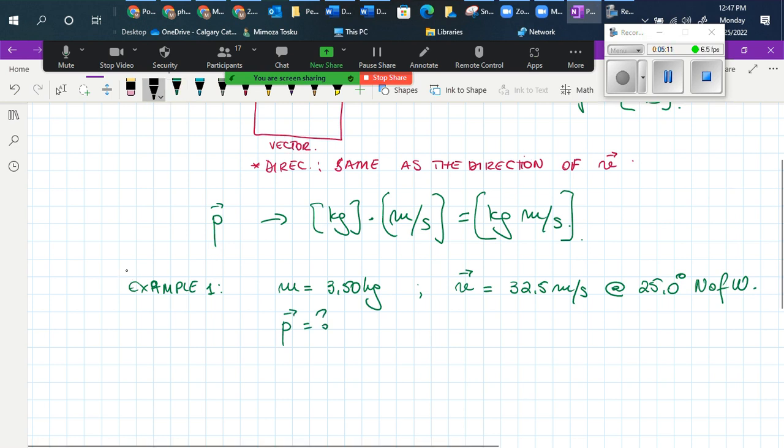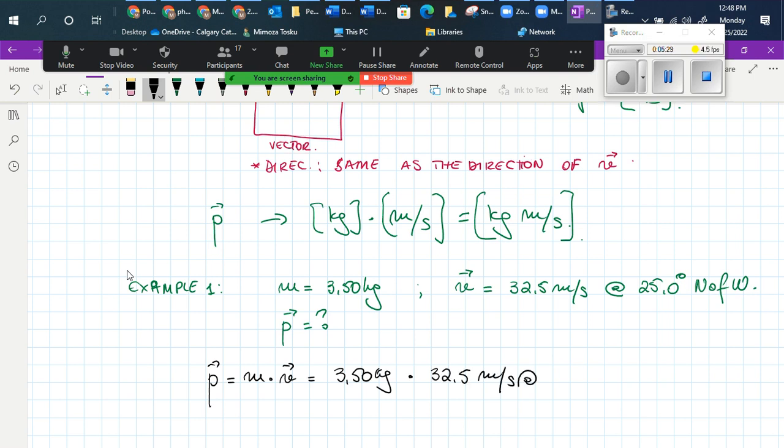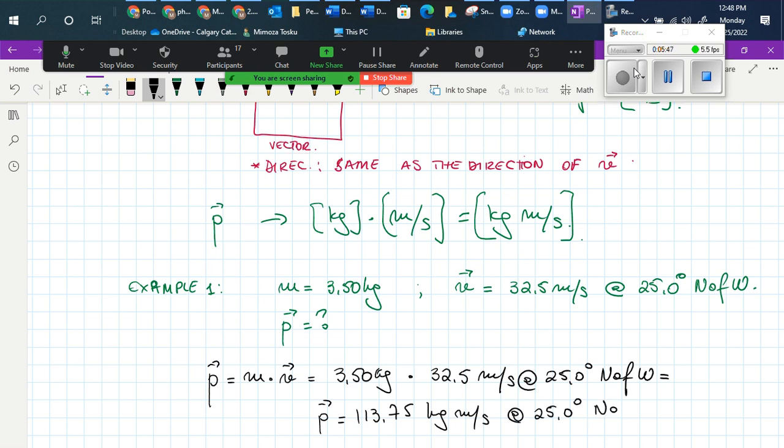Now, based on the fact that momentum is the product of mass and velocity, we can say that the momentum of this object with mass 3.50 kilograms and a velocity of 32.5 meters per second at 25 degrees north of west will be 113.75 kilograms meters per second at 25.0 degrees north of west.